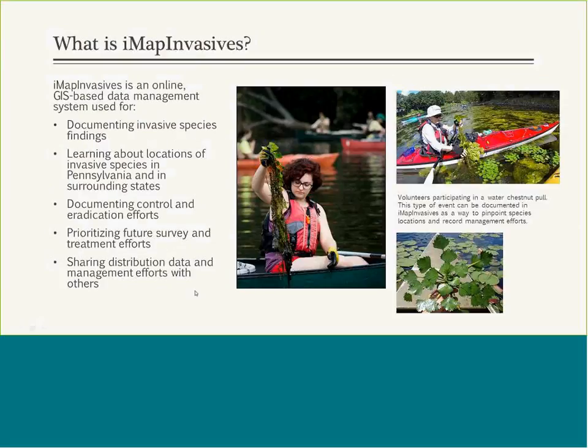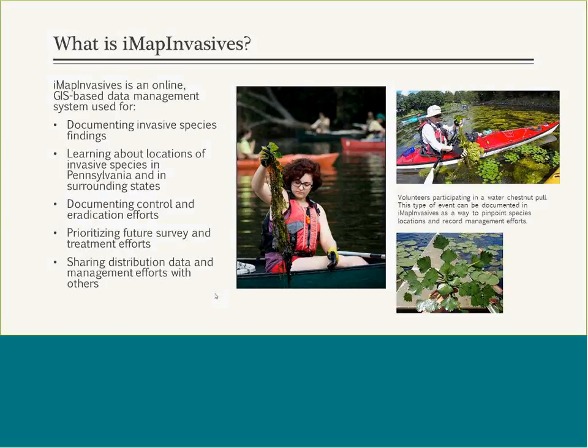Some of you may be familiar with the iMap program already, and some of you might be brand new to it. So I like to start out by describing what the iMapInvasives program is all about. It's a GIS-based system used to document invasive species findings all across Pennsylvania.